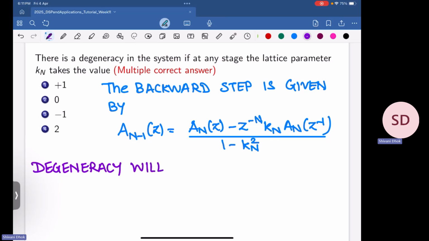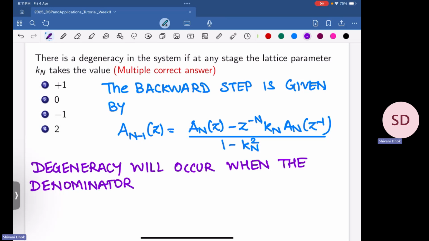Degeneracy will occur when the denominator of A_n(z) is 0.